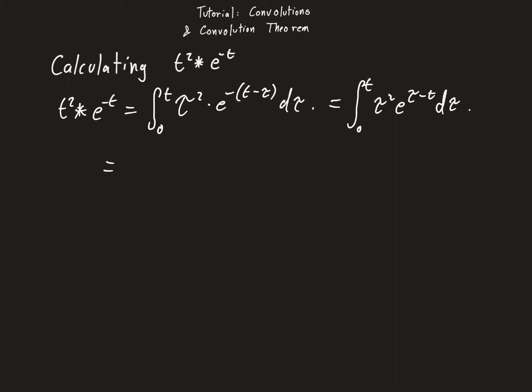In other words, this is equal to the integral from 0 to t of tau squared times e to the tau times e to the negative t d tau. And here is something very important to keep in mind when calculating convolutions. The variable t, this guy right here, is treated as a constant.